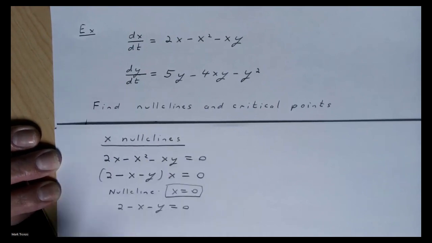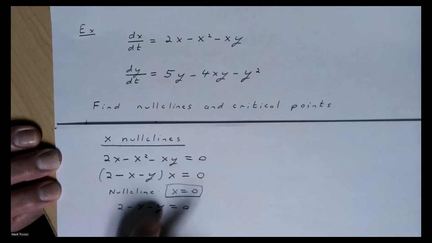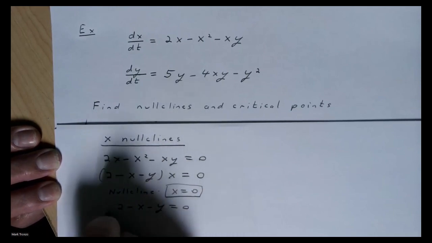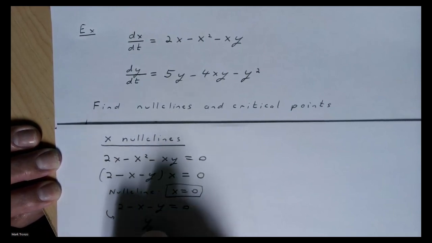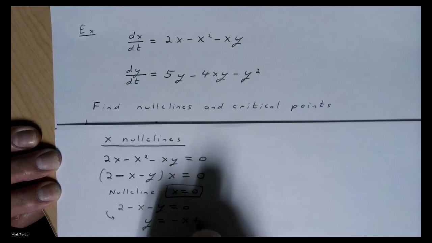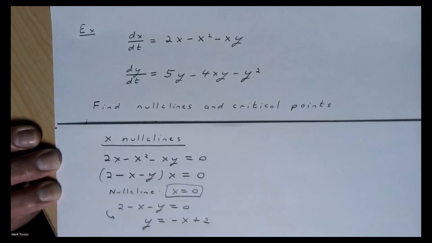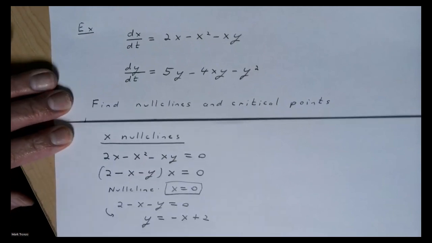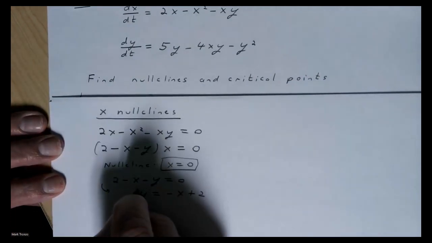We'll set it as y equal to a function of x. So we'll solve this for y equals minus x plus 2. So those are our x nullclines.